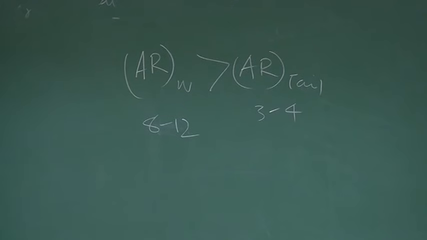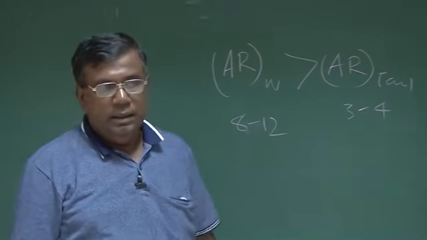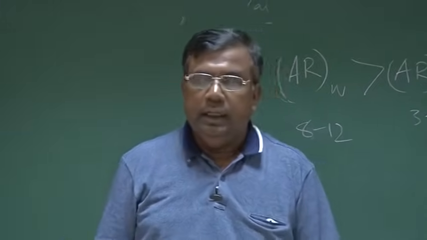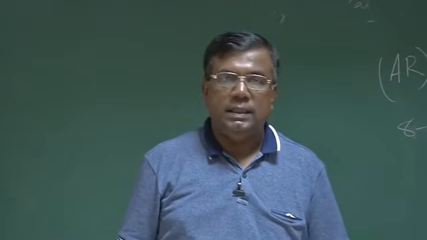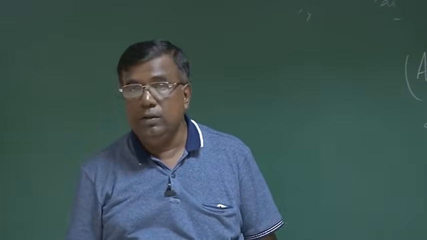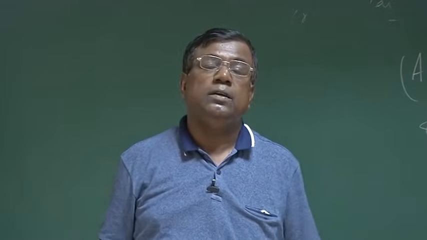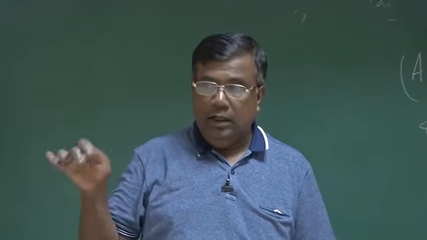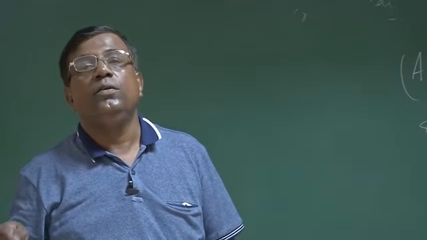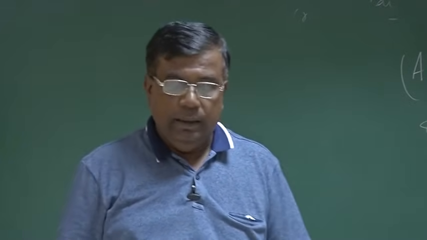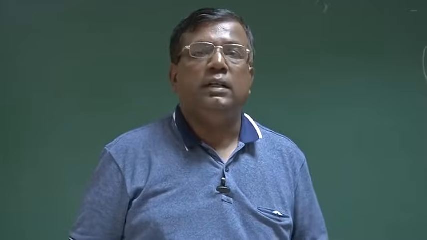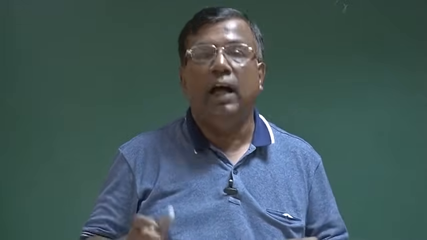We know that if aspect ratio is high, then the induced drag component will be less, because for infinite it is 0. That means as aspect ratio goes higher and higher, the downwash at the wing goes on reducing. If aspect ratio is small, then downwash at the wing is large.